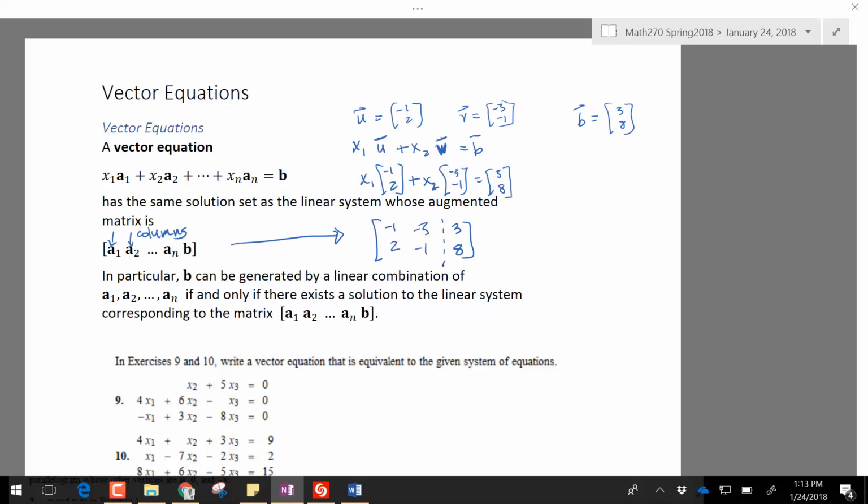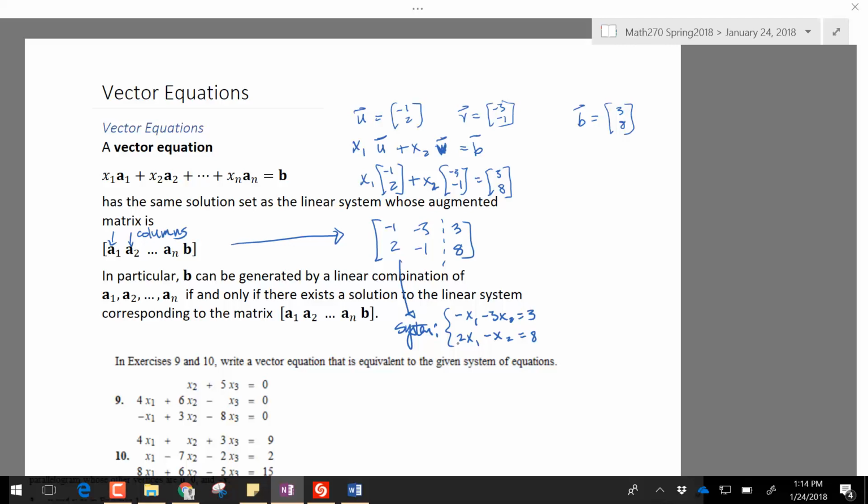And then you can turn this into a system of linear equations, right? And so what you are really solving for here is negative 1 times x1 minus 3 times x2 equal to 3, and 2x1 minus x2 is equal to 8. So here is your system of linear equations, 2 equations and 2 unknowns.